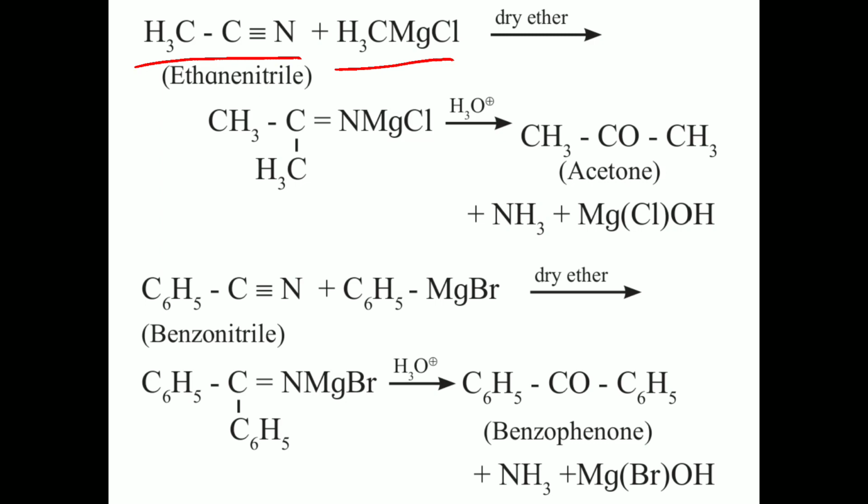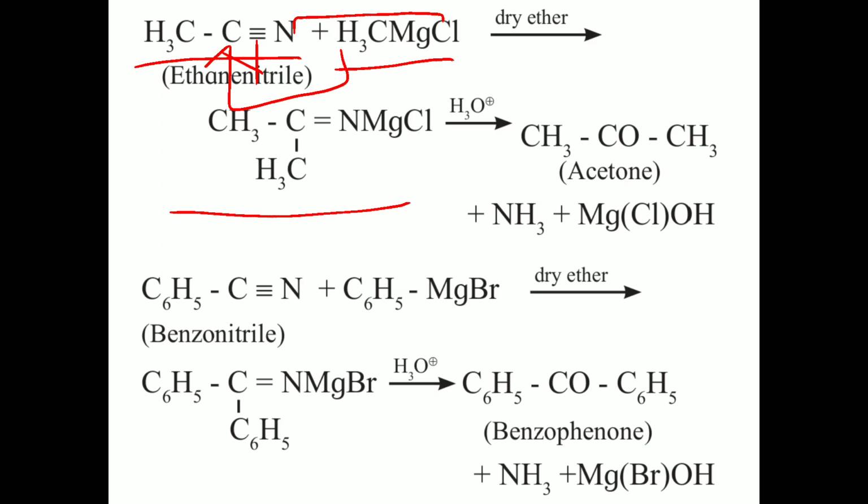Now we get the addition product. For obtaining this addition product, this CH3 goes to this carbon atom, then the remaining group, that is MgCl, goes to this nitrogen, and the triple bond is converted into the double bond.